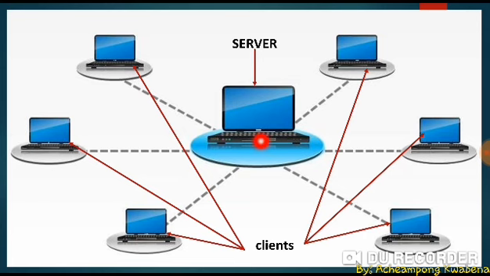So as we can see over here, we have a main computer in the middle. Then we have other computers connected to that main computer, as we can see in the diagram over here. So the main one in the middle, that's what we called a server. This is a computer with a name called a server. All information are being saved on this computer, and that information is being shared to the other computers linked to it or connected to it.